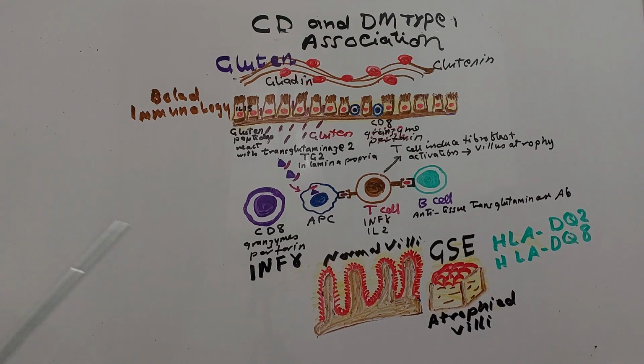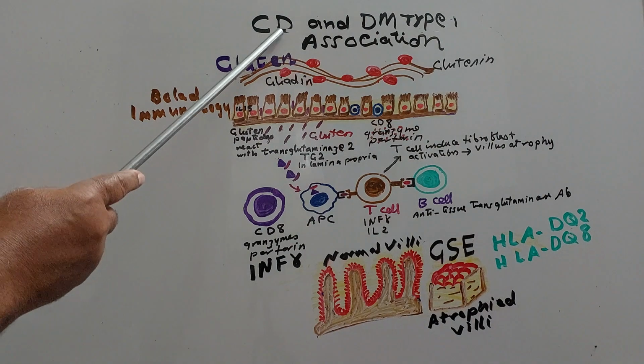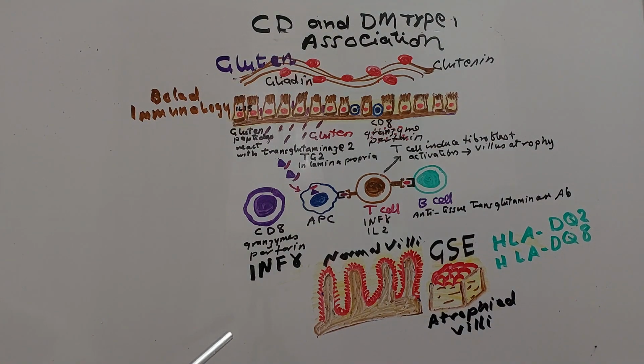Actually, a study by Boulad and others reveals that the association between celiac disease and diabetes mellitus type 1 is around 10% among Sudanese children, and this finding by Boulad and others among Sudanese children with type 1 diabetes mellitus is attention grabbing, because celiac disease is expected to reduce weight and consequently body mass index.